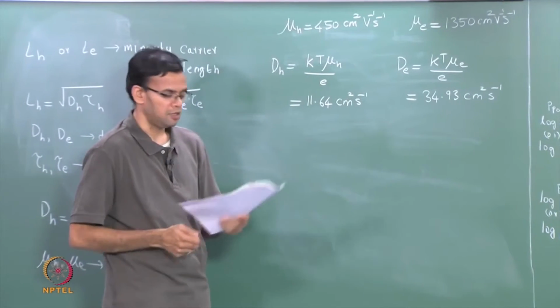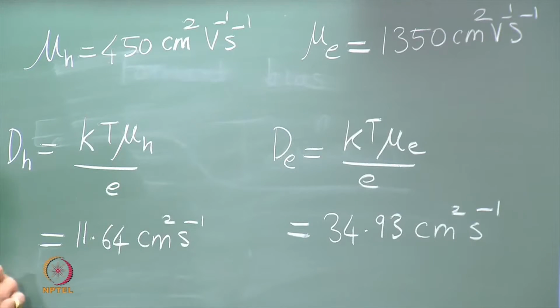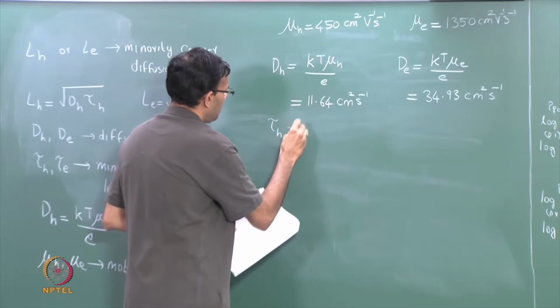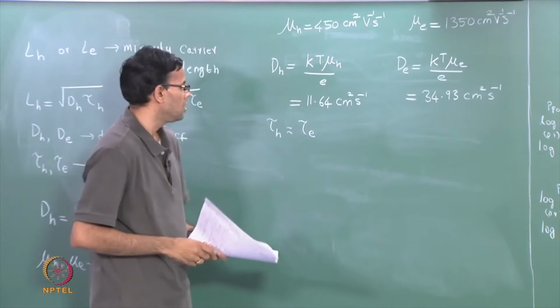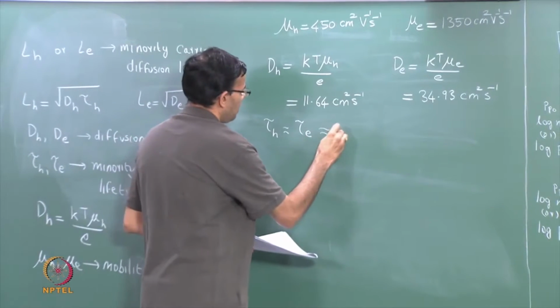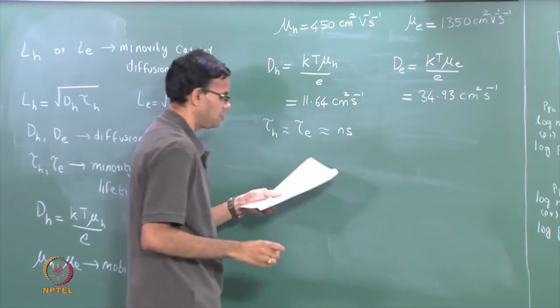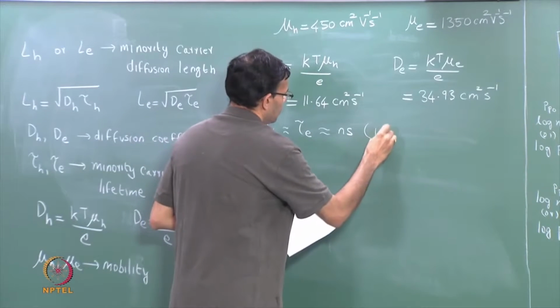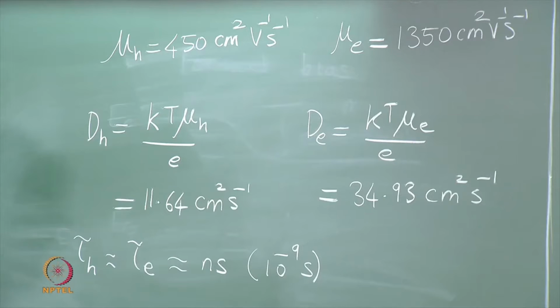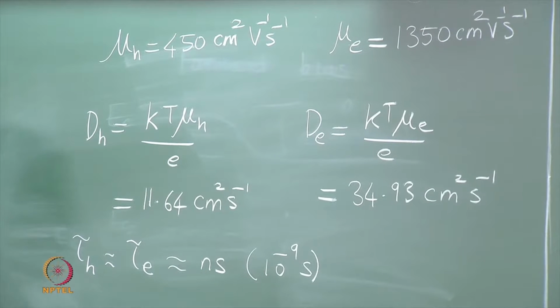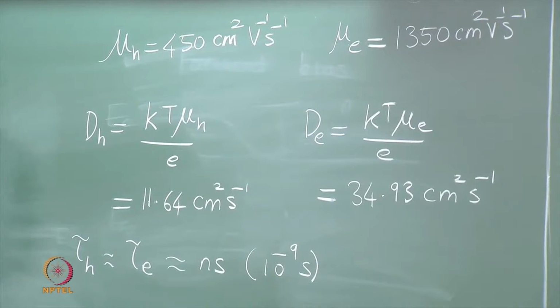So, tau_h and tau_E, I said these were the minority carrier recombination times. Typically tau_h and tau_E are of the order of nanoseconds, it's 10 power minus 9 second. So, these numbers are different from the scattering times that we saw earlier.